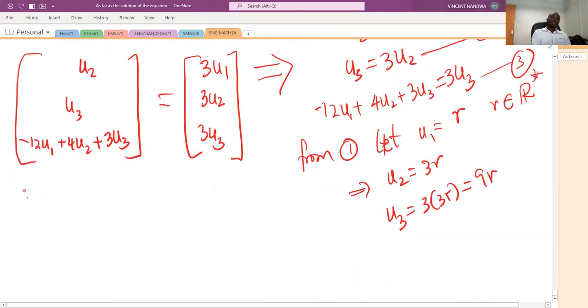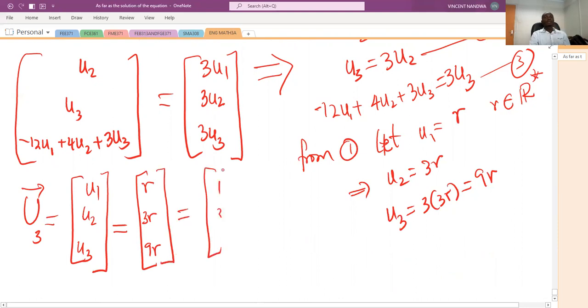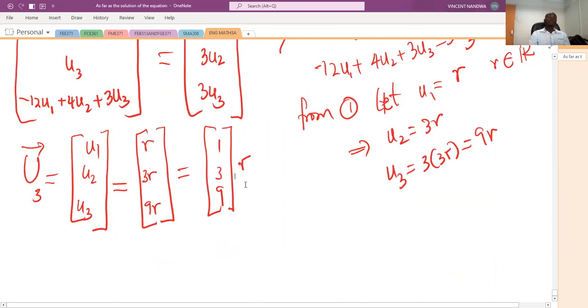So the vector u3 with components u1, u2, u3 is given by r, 3r, 9r, which will be 1, 3, 9 times the non-zero real number r.